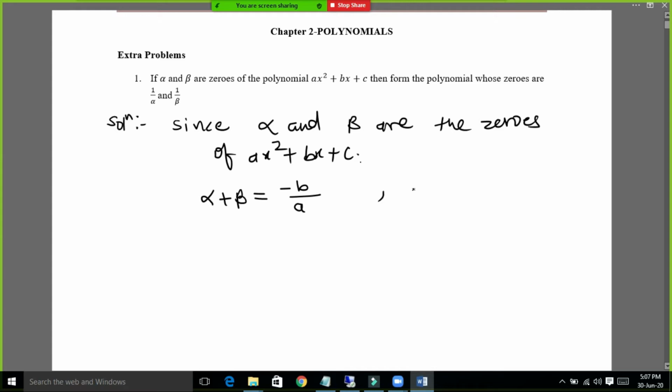And the second thing is the product of zeros. Since alpha and beta are zeros, their product alpha into beta is equal to constant upon coefficient of x square, that is c by a. So this formula we already discussed.